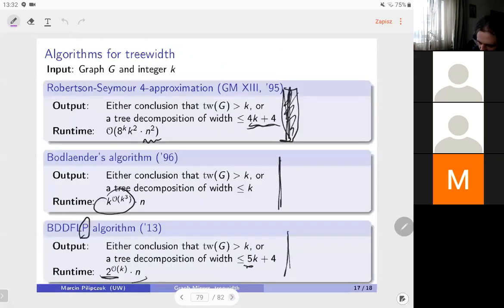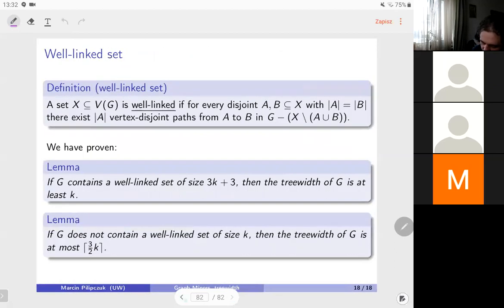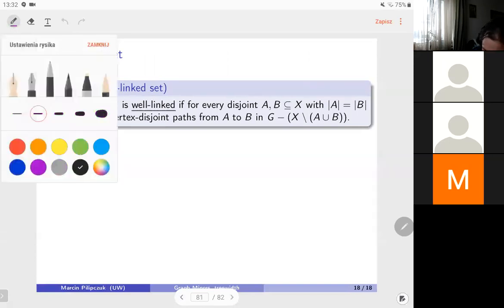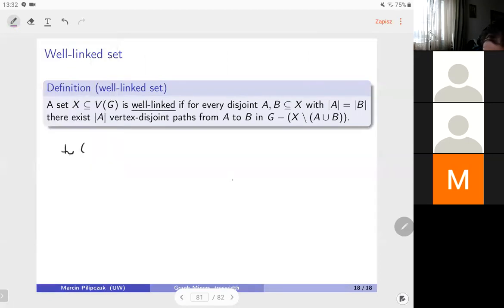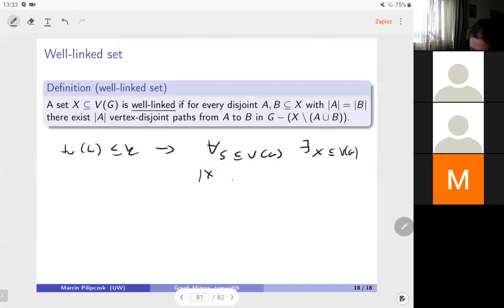The observation we had: if the treewidth of G was at most k, then for every set S, there exists X of size at most k plus 1. Actually, let's look at the separation, not X: there exist Y, Z inside V of G.